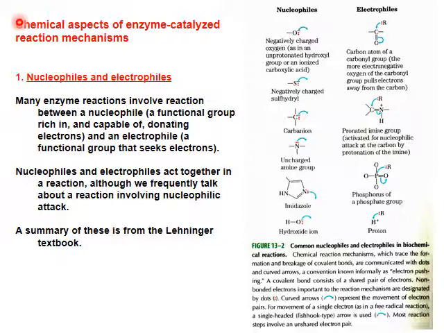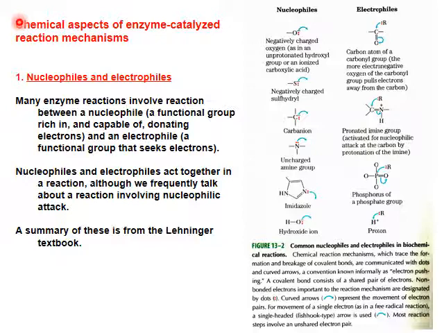You will also see some of these mechanisms throughout the course when we want to emphasize a particular reaction mechanism for a particular enzyme that's very important in a particular pathway. But you will not be required to memorize details of these mechanisms, but you should understand the chemical principles involved, okay?